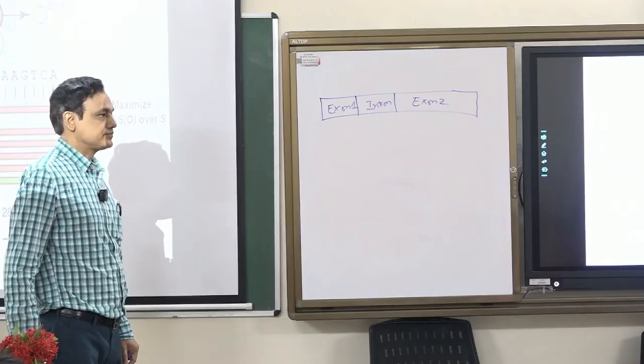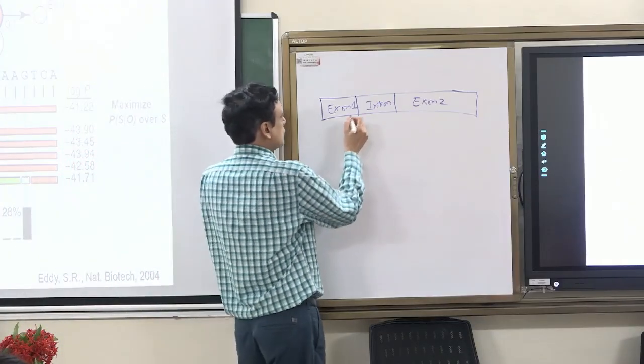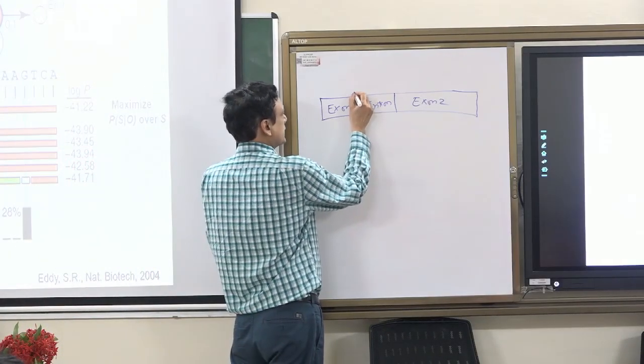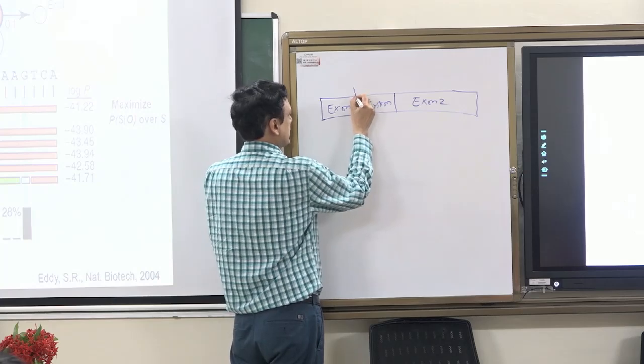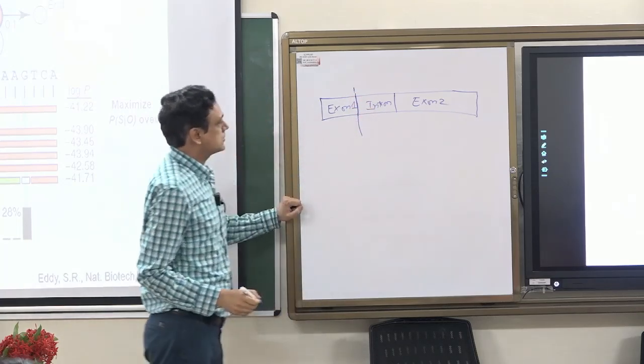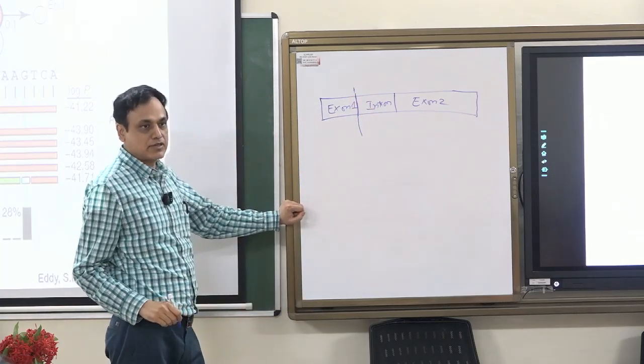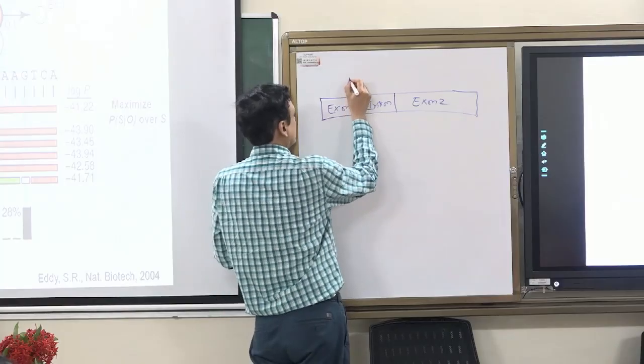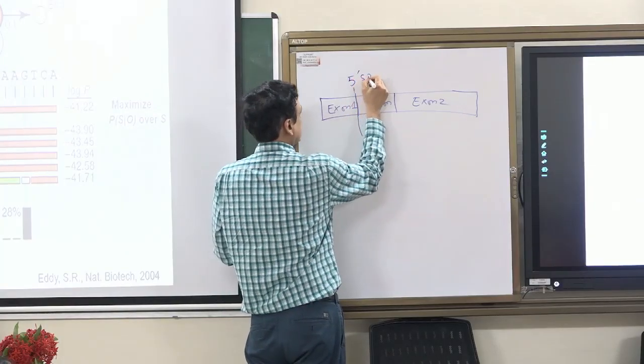There is a boundary between exon 1 and intron, and that boundary is called the 5' splice site.